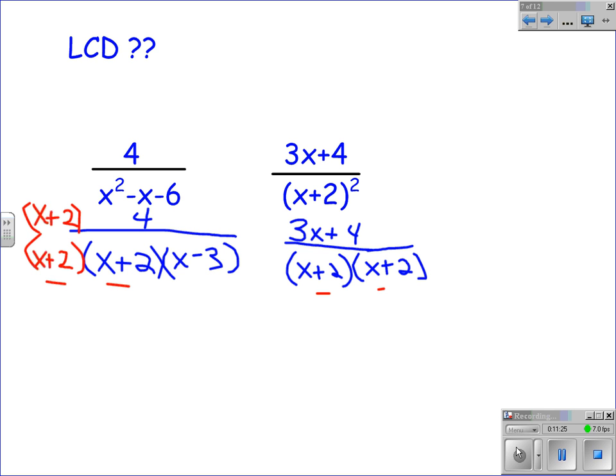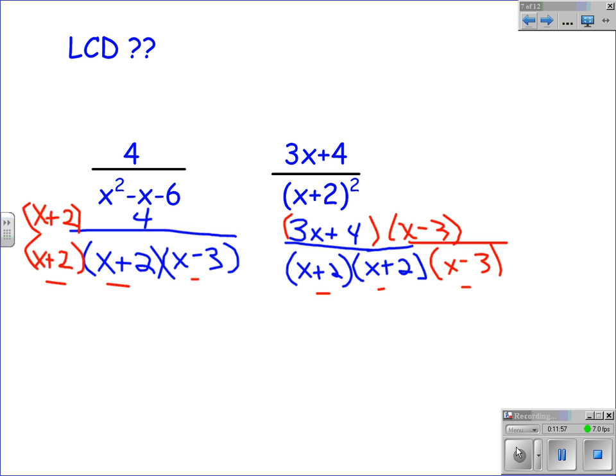The second fraction is greedy and wants what the first fraction has in the denominator. What are we going to have to give it? Bill? An x minus 3. Okay, and that has to be multiplied by on the top as well, because that makes us multiplying by 1. Now notice, an x minus 3 on the bottom here, and an x minus 3 on the bottom on the other one.